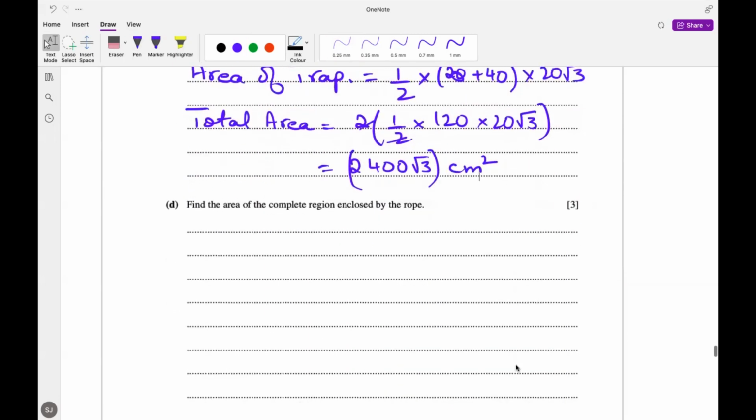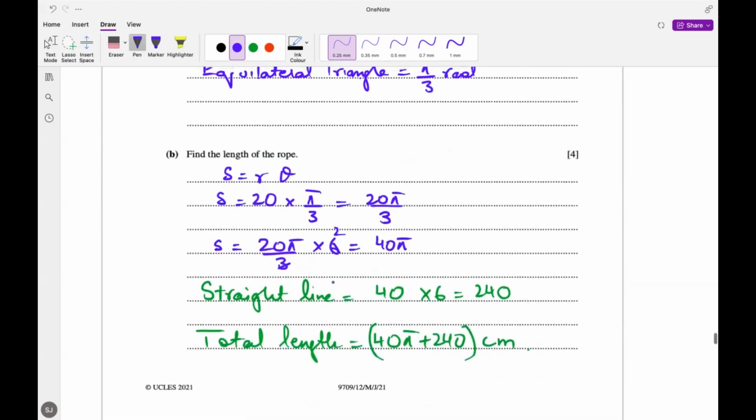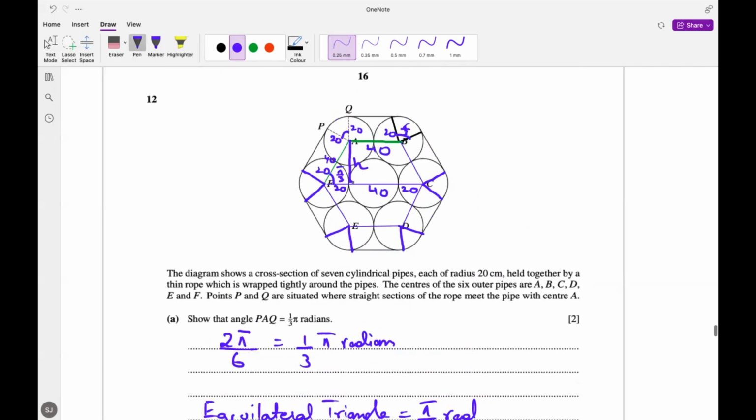In part D, we have to find the area of the complete region enclosed by the rope. Now we already have the area of the hexagon, which was in between. Now to find the remaining area, we can see that we'll have 1, 2, 3, 4, 5, and 6 sectors. And there will be 6 rectangles, as we have one rectangle up here, the second one, third one, fourth one, fifth one, and sixth one.